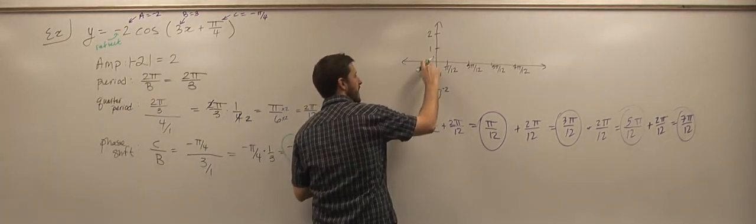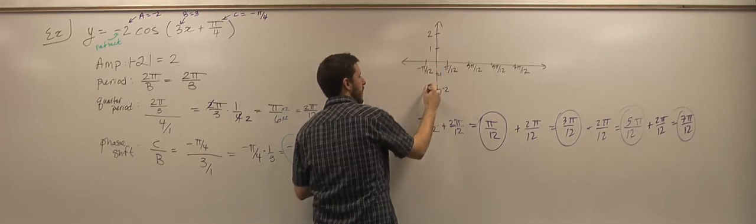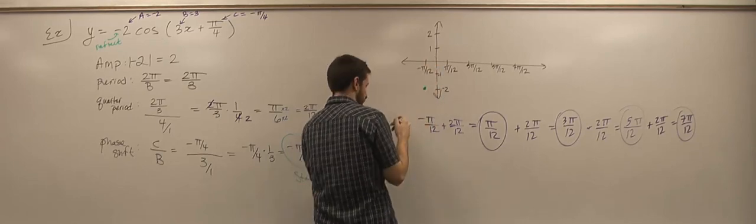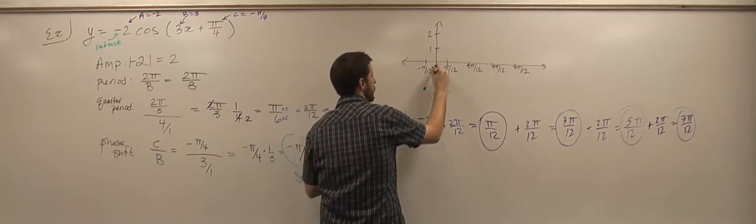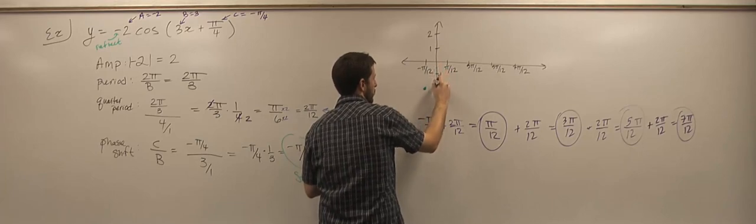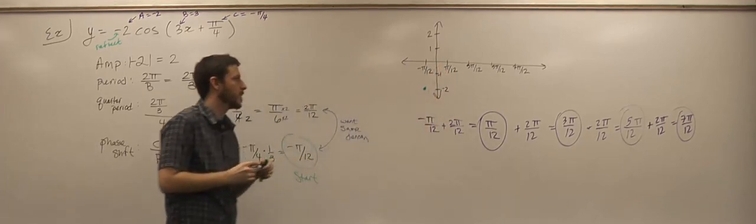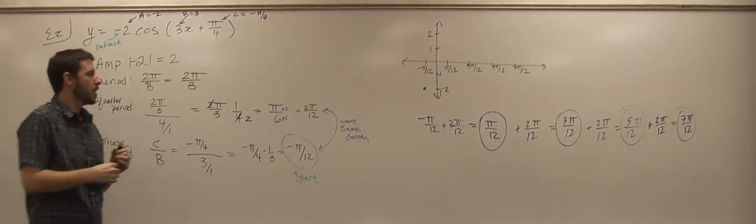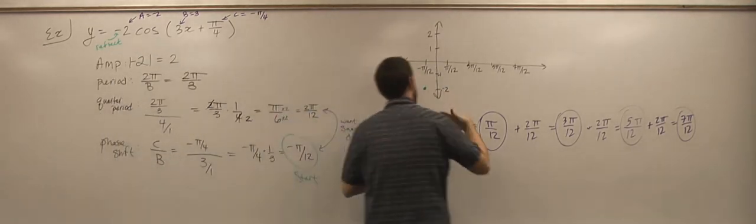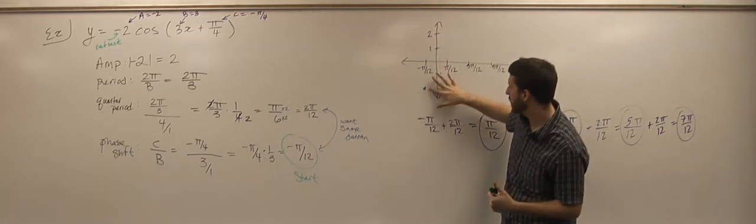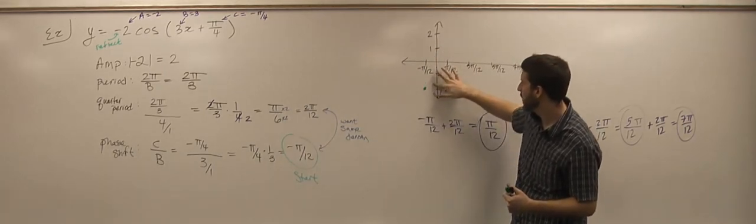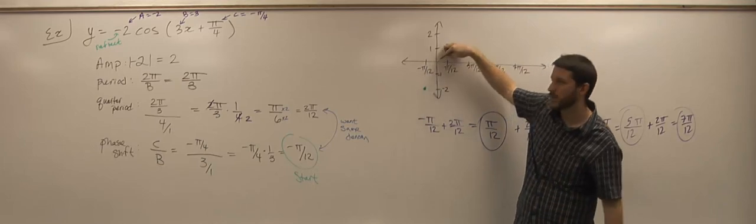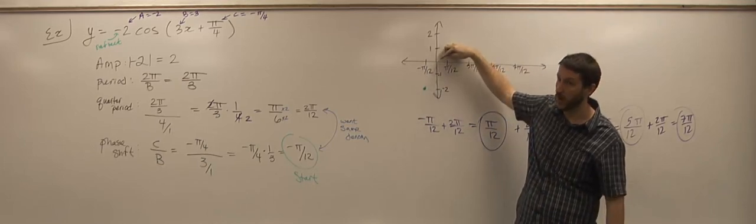So my starting x value, which is negative pi over 12, I'm going to go down to a minimum. I don't know why, okay? But all of the training or all of the habits you have in your head are going to tell you to go to the origin next. You don't.